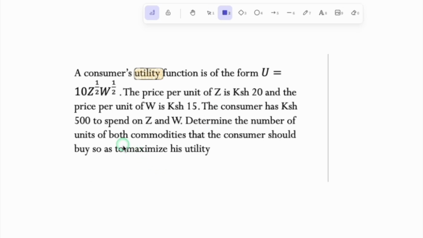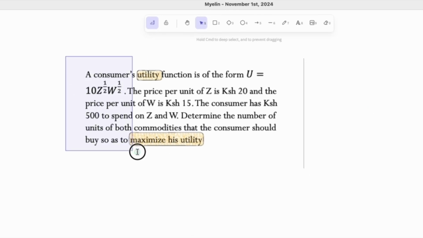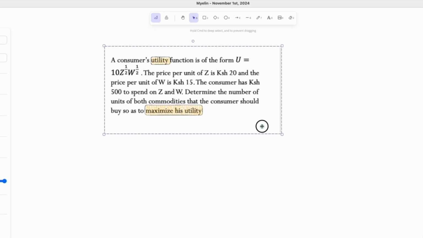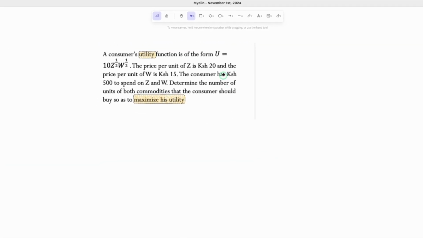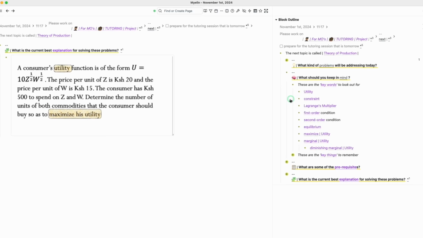So we have the word maximize here as well. In most cases, a question dealing with utility will often be accompanied by the word maximize. Those are some of the keywords that you should be looking out for.